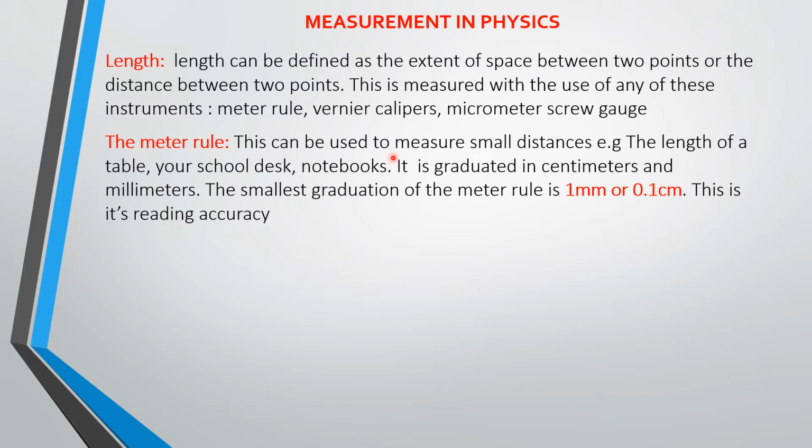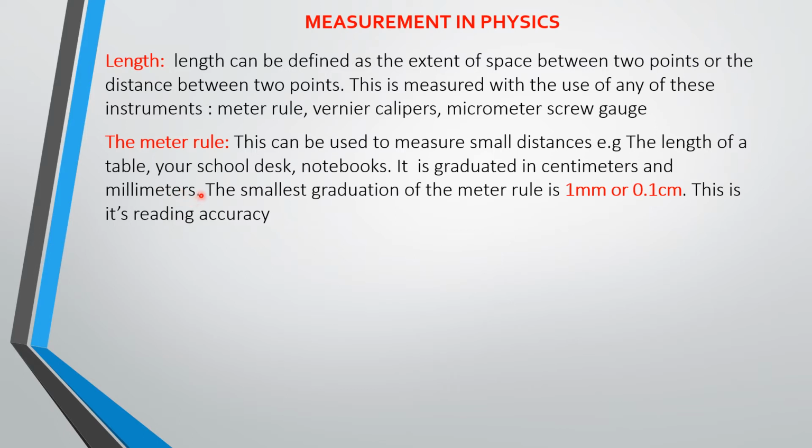If you have the normal one, the short one, some are transparent, some are wooden, that one is also a rule. You use your rule to measure the length of your notebook, your school desk, or your table, as the case may be. You can have a rule that is graduated in centimeters, and some are graduated in millimeters.